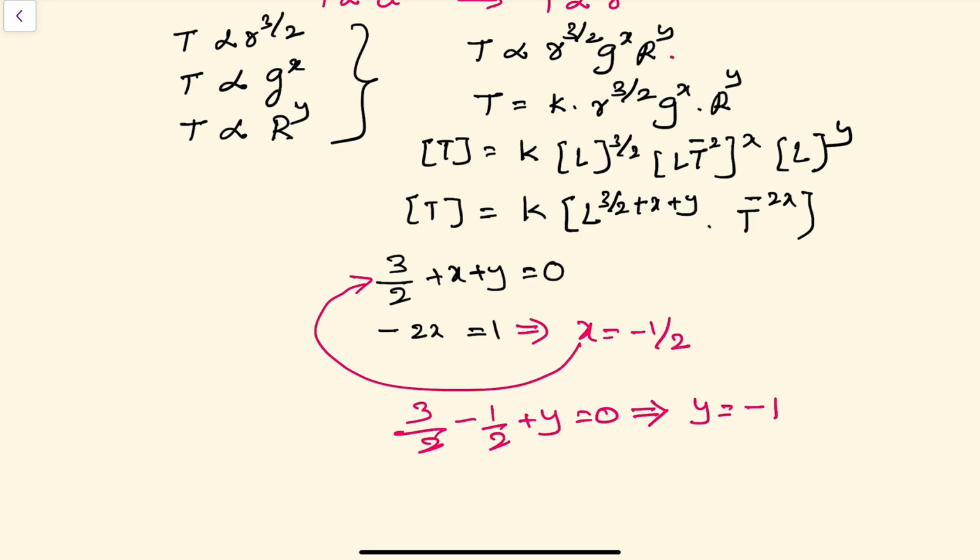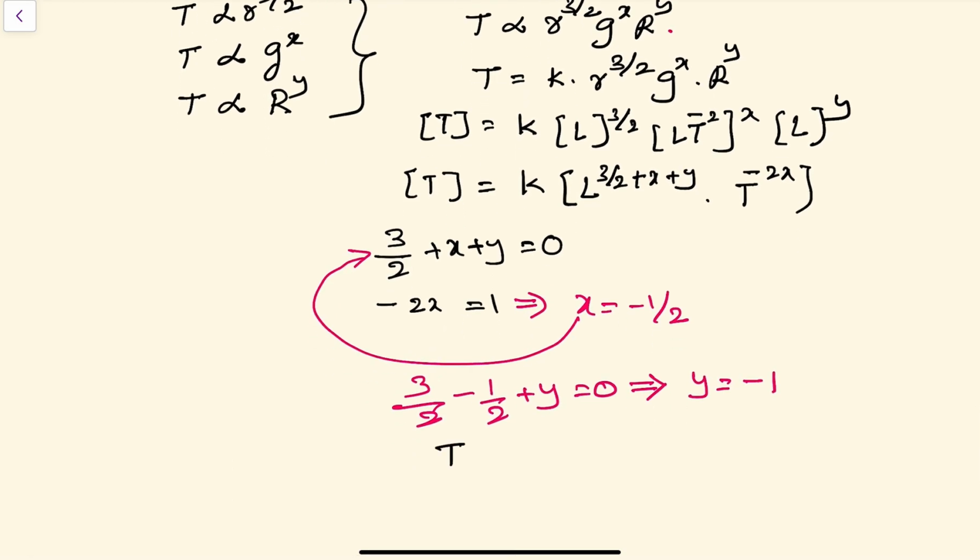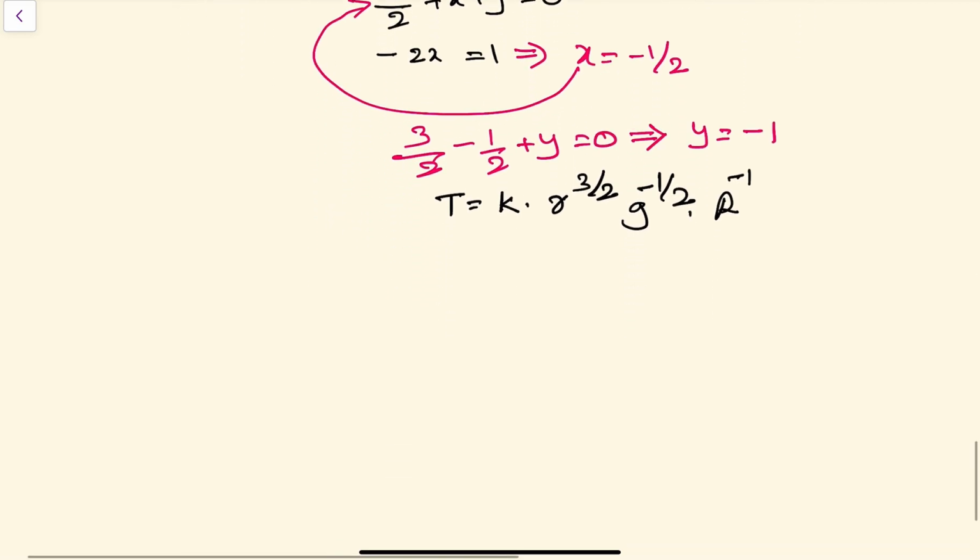Substitute here: T is equal to k into R power 3 by 2 g power minus 1 by 2 r power minus 1. Shall I write like this? K by r, power 3 by 2 by g power 1 by 2.